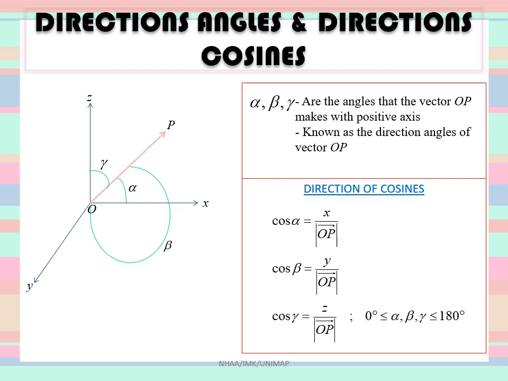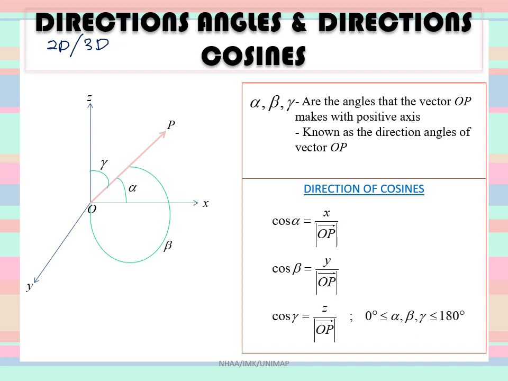Each time a vector is created or plotted on a 2D plane or 3D plane, it will create an angle. Regardless of the dimension of the plane, whether 2D or 3D, when you create a vector, it will also create an angle.